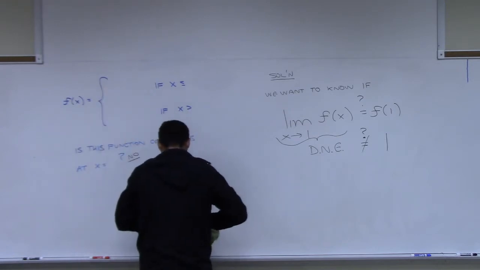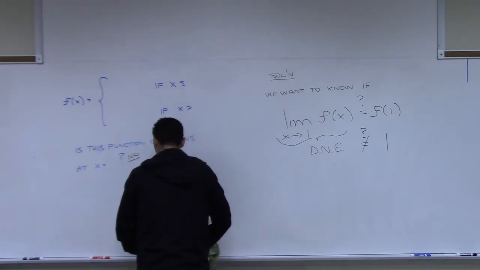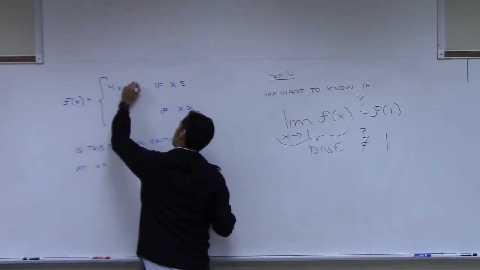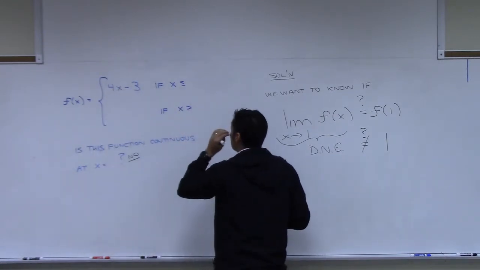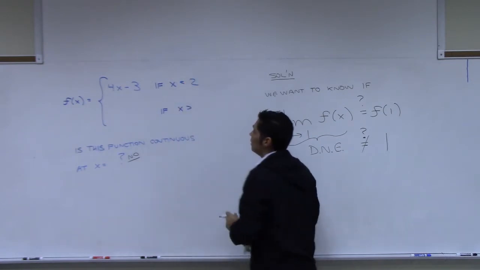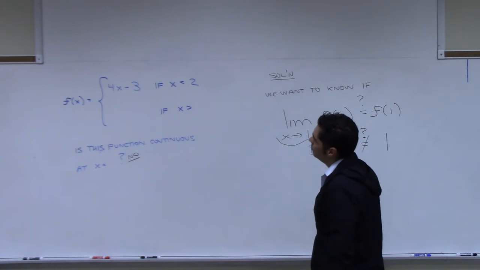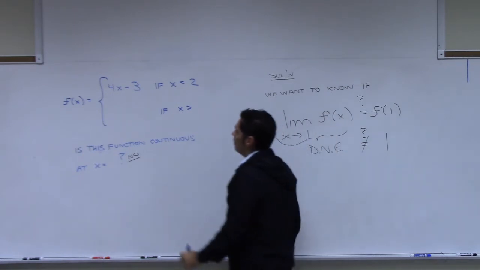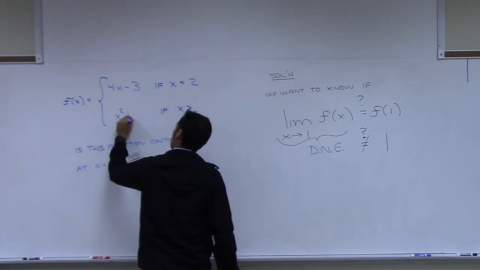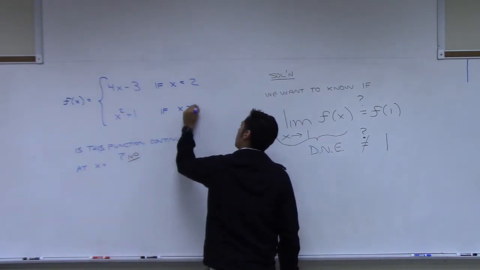Let's change this to 4x minus 3 if x is this time just less than 2. And then x squared plus 1 if x is greater than or equal to 2.